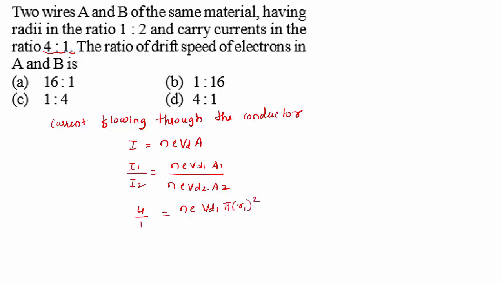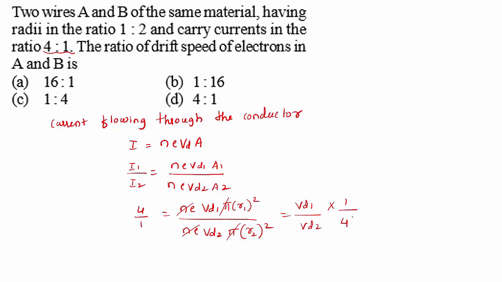Let us write it as r1 square divided by N E Vd2, and here area for the second conductor, for the same material, having radius in the ratio 1:2, is r2 square. Now substitute the values. N E will get cancelled, remaining is drift velocity Vd1, Vd2, pi gets cancelled, radius is in the ratio 1:2, that is 1 square, 1 divided by 2 square will be 4.